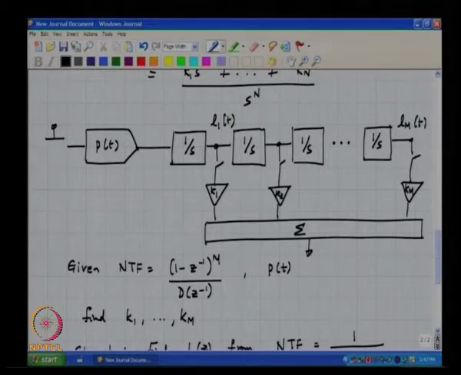So, this will be L1 of n, this will be Lm of n. So, what is this output sequence?